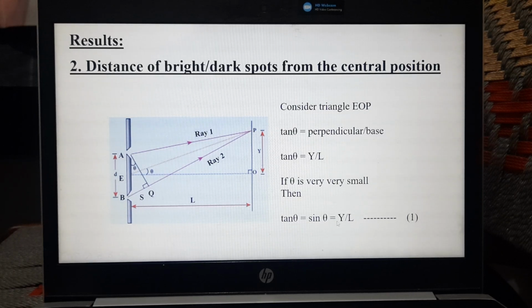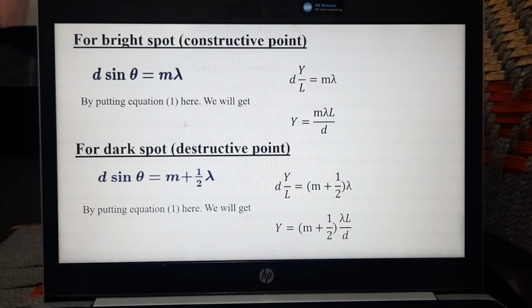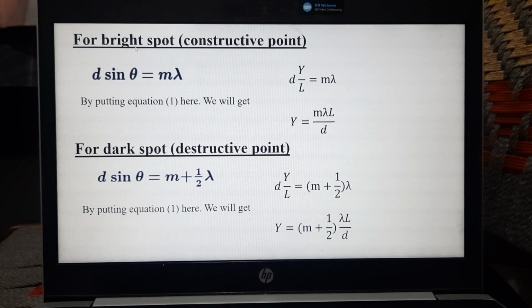So I can write sine theta equal to y by L. Remember, this is equation 1. We will be utilizing it in the next steps. So now, if we consider point P as a bright spot, then it means it follows the condition of constructive interference, that is d sine theta is equal to m lambda.